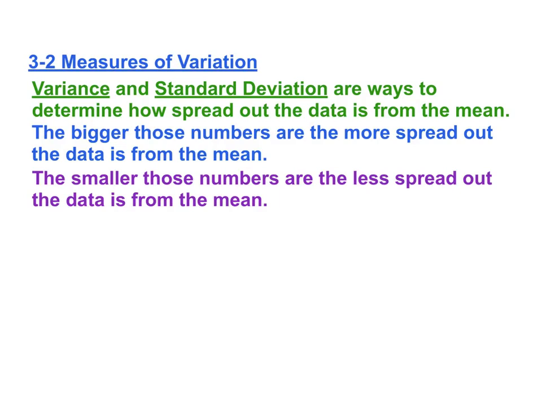But when it all seems to be clustered and bunched, that can tell us more about trends. So the smaller the standard deviation, the smaller the variance, the more likely we can make a conclusion about what's actually going on in the study versus not being able to draw a conclusion because the data is really spread out. That's kind of the gist of it.